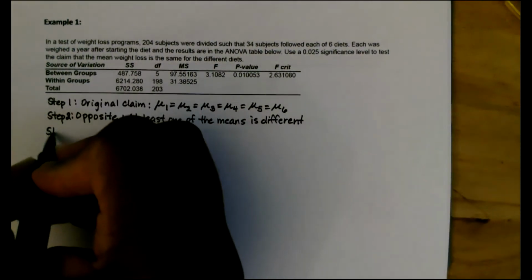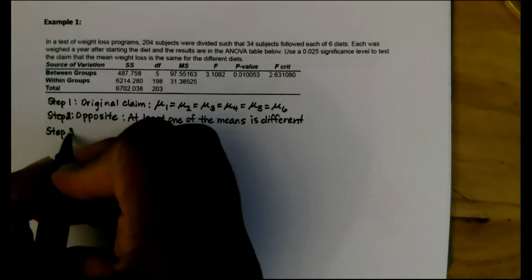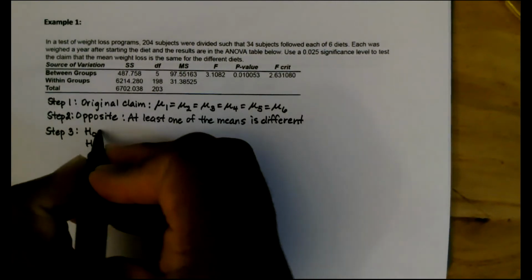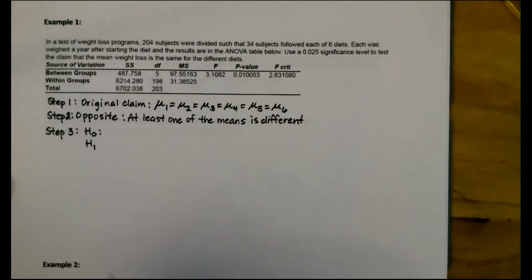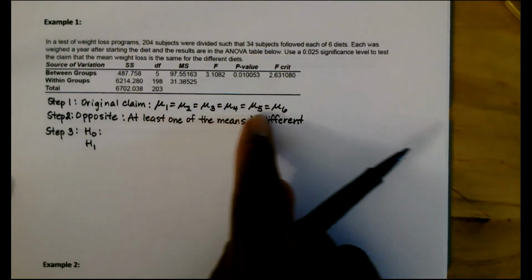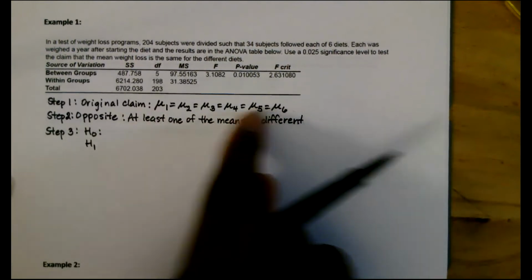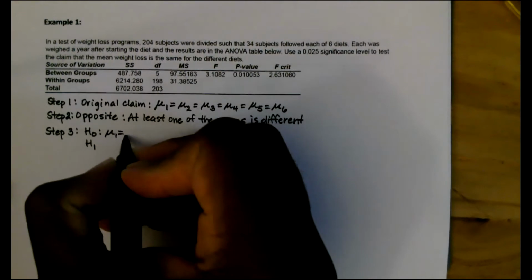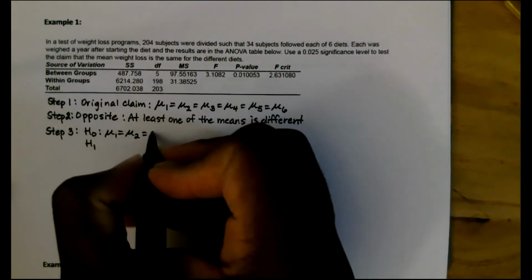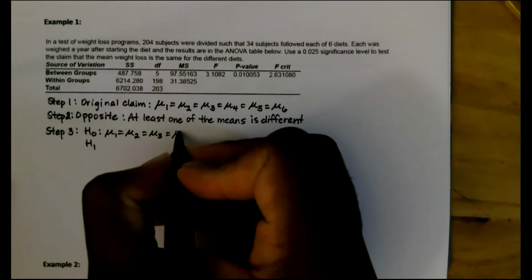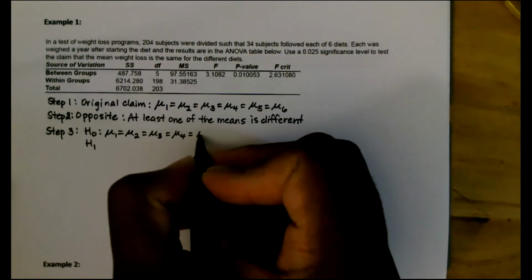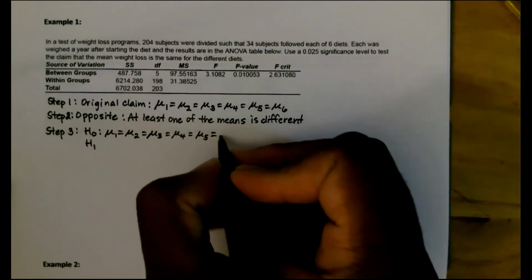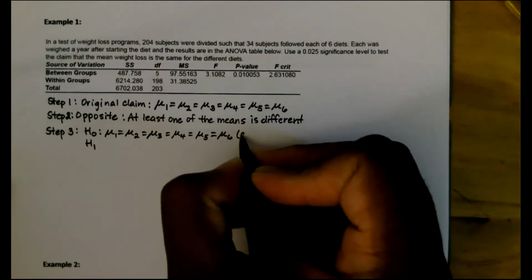And then step number 3 is the null and alternative hypothesis. Now, the null hypothesis always has an equal sign in it. So in that original claim, all we have there is equal signs. So we'll write that: mu1 is equal to mu2, equal to mu3, equal to mu4, equal to mu5, and equal to mu6. That is your claim.